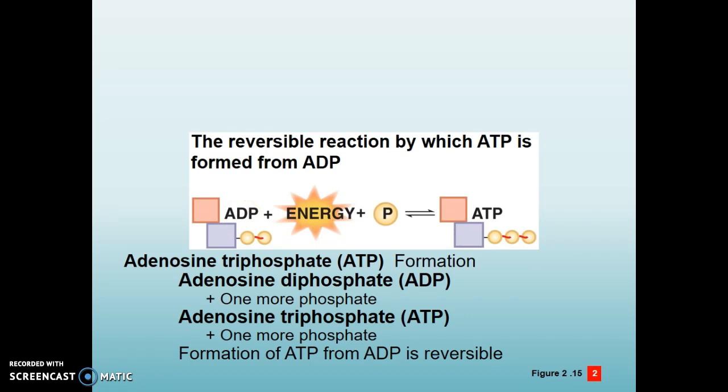When glucose is broken down in the mitochondria, it releases energy. That breakdown releases energy, and that energy is trapped in the high energy bond of this ADP, adding a phosphate to form a high energy bond, ATP. So this bond right here contains all that energy.